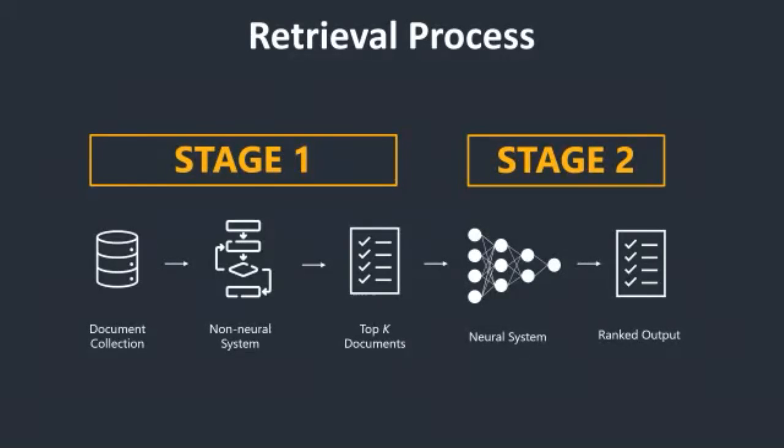The first stage utilizes a non-neural system to retrieve the top 1,000 or so documents from a very large collection. A neural system then ranks these documents in descending order of relevance. Our work focuses on the neural system, since they have only recently been introduced to the field of retrieval.